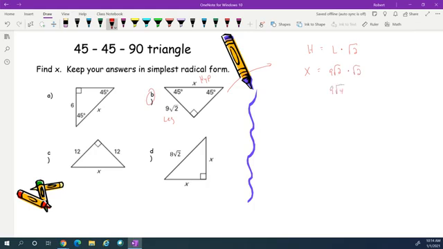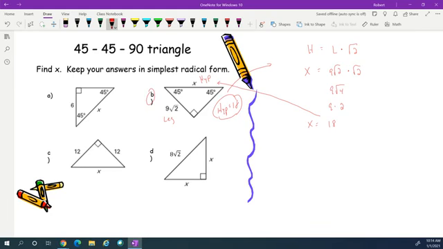Well, that's 9 square root 4, which is 9 times 2, which is 18. So x is 18, and x in this case is the hypotenuse. So our hypotenuse equals 18. That's it.